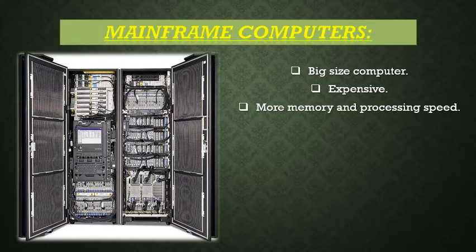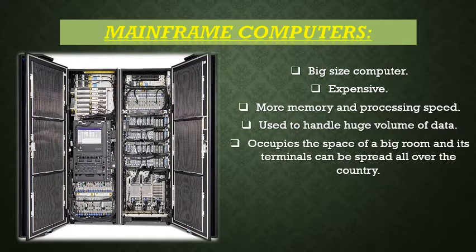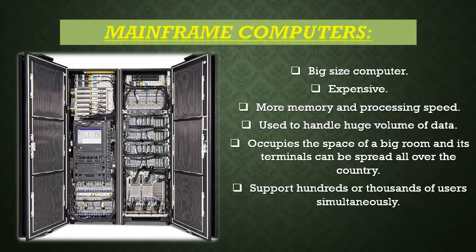So they are having more memory and processing speed. They are used to handle huge volume of data. As the size is increased, they are more capable. It occupies the space of a big room and its terminals can be spread all over the country. It supports hundreds or thousands of users simultaneously.